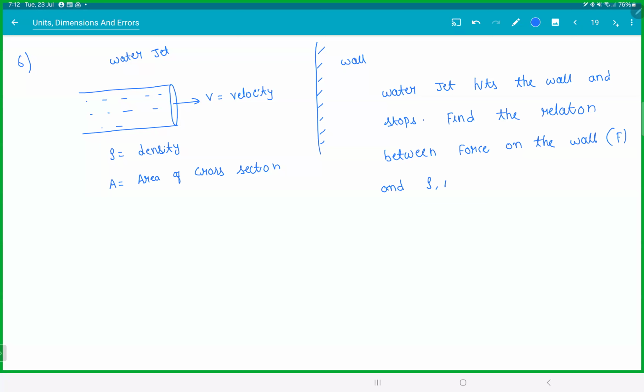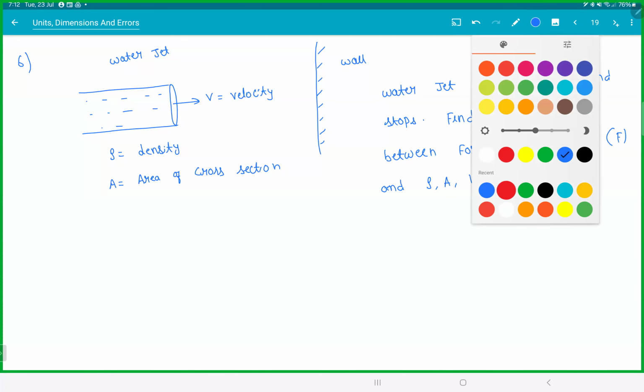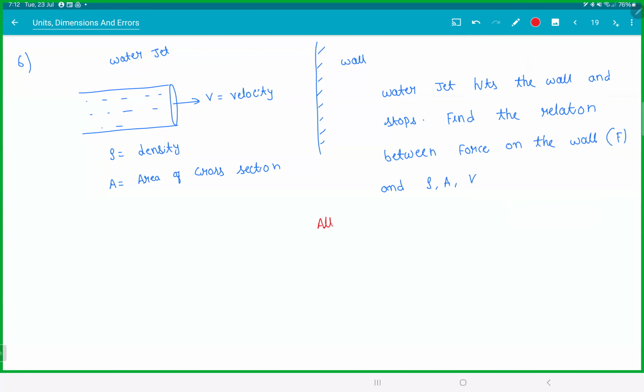See, one thing is clear. We know if the area is more, there'll be more force. If velocity is more, there is more force. There'll be some kind of relation between them. Now look at this thing. The same question, you could have asked in another way. If rho, A, v are taken as fundamental quantities, meaning for both of them the solution is same.